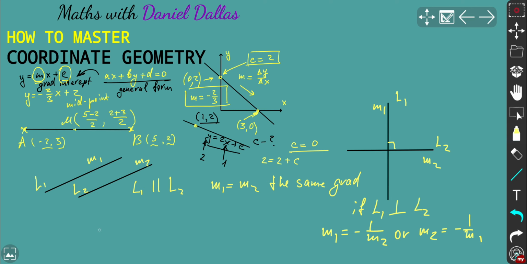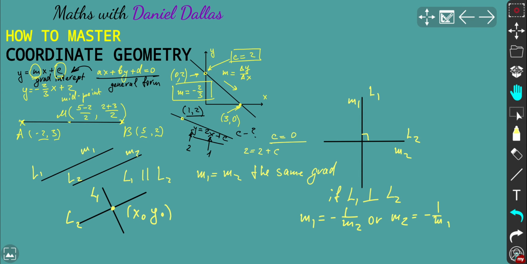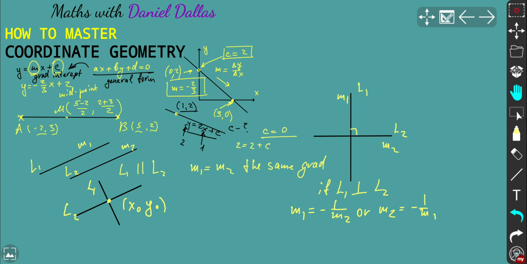On top of that, if you're given equations of two lines that intersect at one single point, for example the point of intersection x0 and y0, with L1 and L2, you're always able to plug those coordinates x0 and y0 into the equation of each line and solve simultaneously if you need to determine some coefficients.